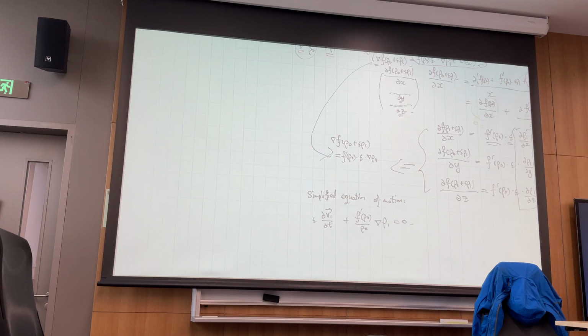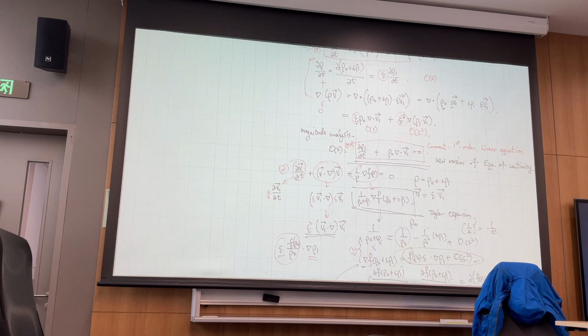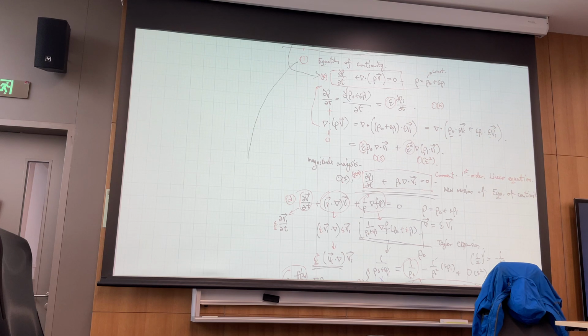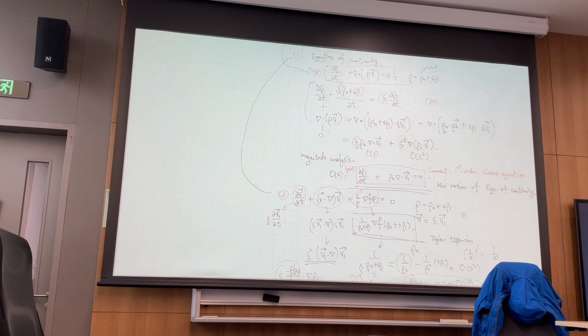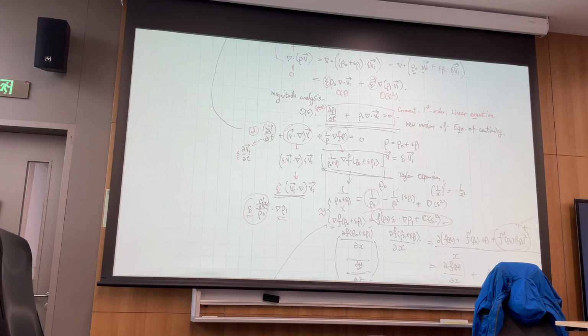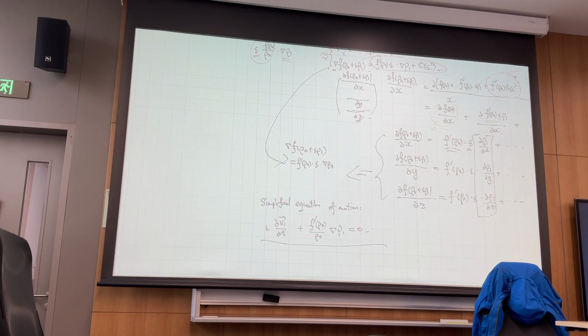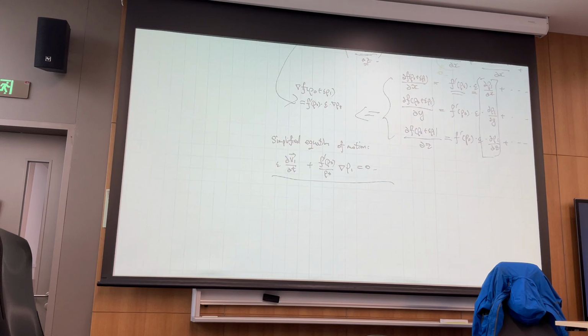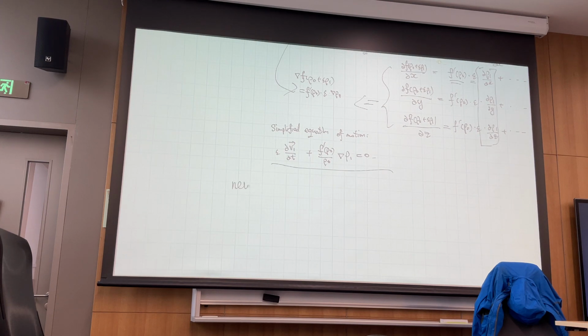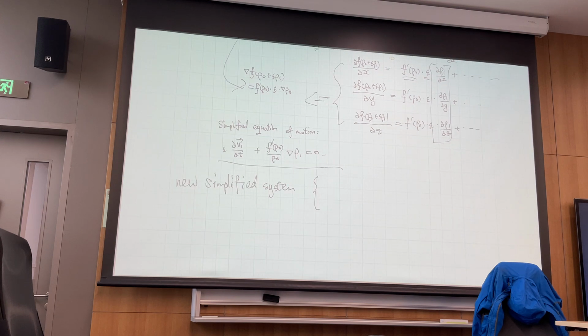Now don't forget that we were looking at two equations. We started from the equation of continuity and the equation of motion. The simplified equation of continuity is this, and the simplified equation of motion is this. Let's try to write them together. The new simplified system is exactly the following. First, the simplified equation of motion, sorry, here's an epsilon.